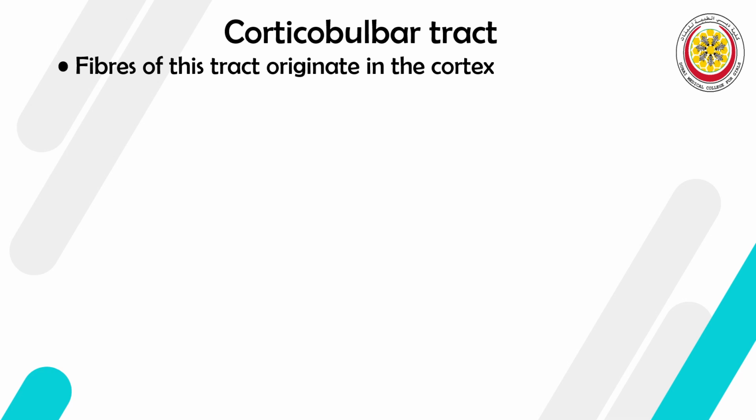Now there are subcortical origins of descending pathways. What are these? They could be part of the same pathway, but they are different tracts.